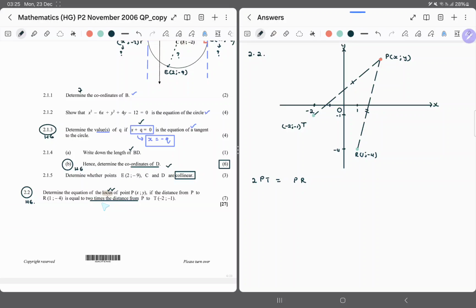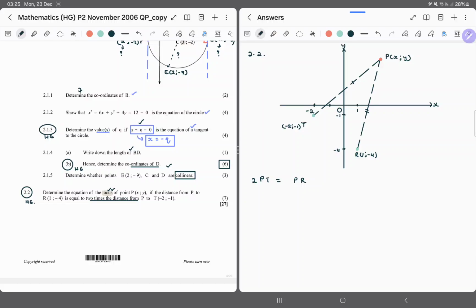Because we were told the distance from P to R is equal to 2 times the distance from P to T. So this means 2 times PT gives us PR, because this distance would be 2 times that distance. Nice.